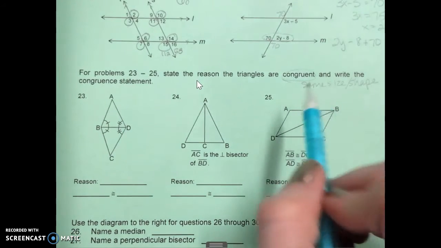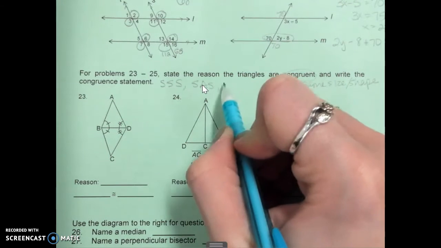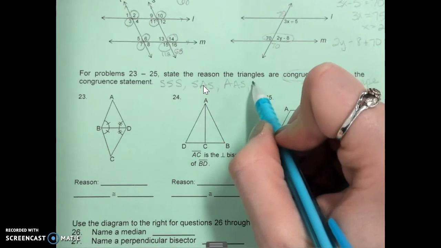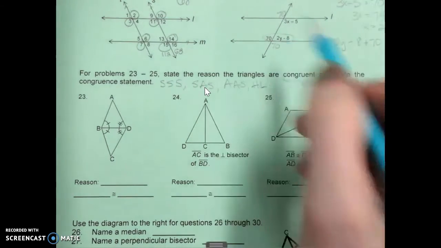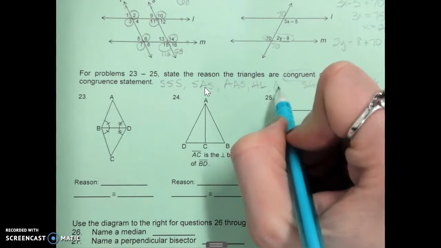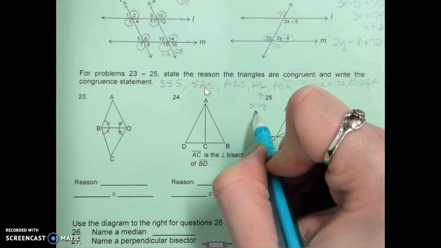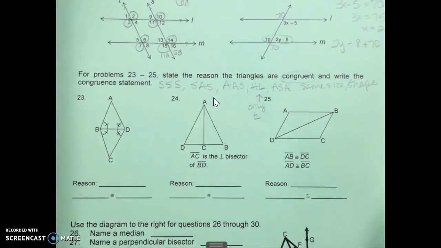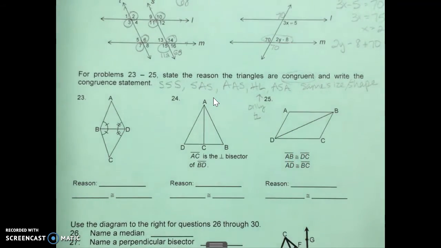So remember, for congruent triangles, we have SSS, SAS, AAS, HL, and ASA. HL is only for right triangles.